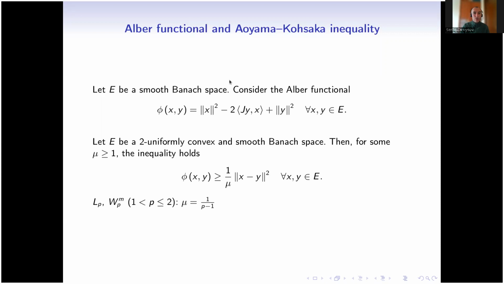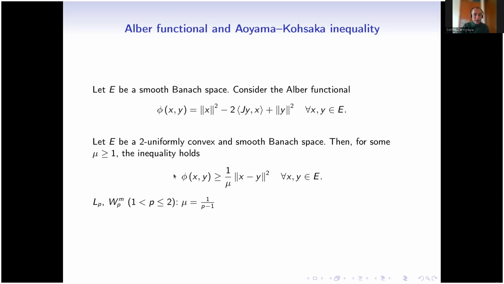Also, we use another generalization, which is called Alber functional, as you see it here. Actually, if E is a Hilbert space, then it becomes the square norm of the difference x minus y.